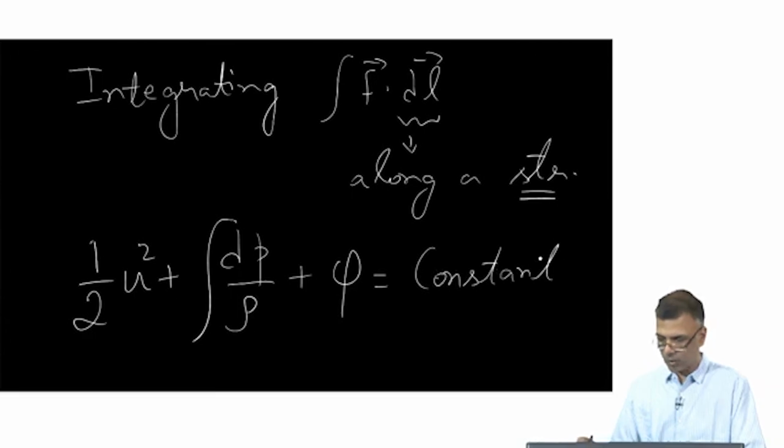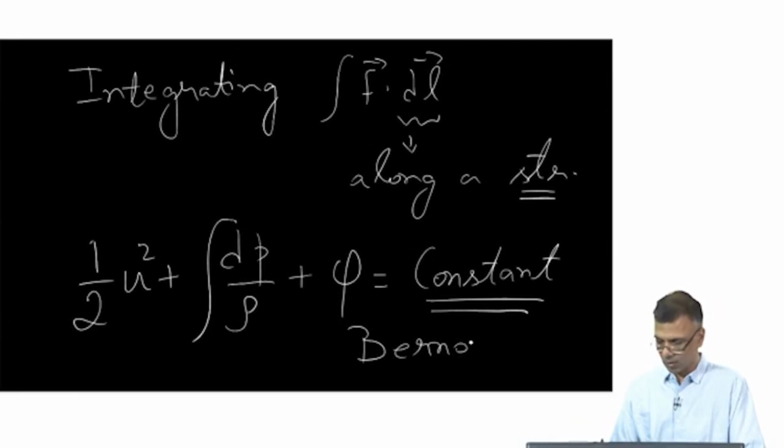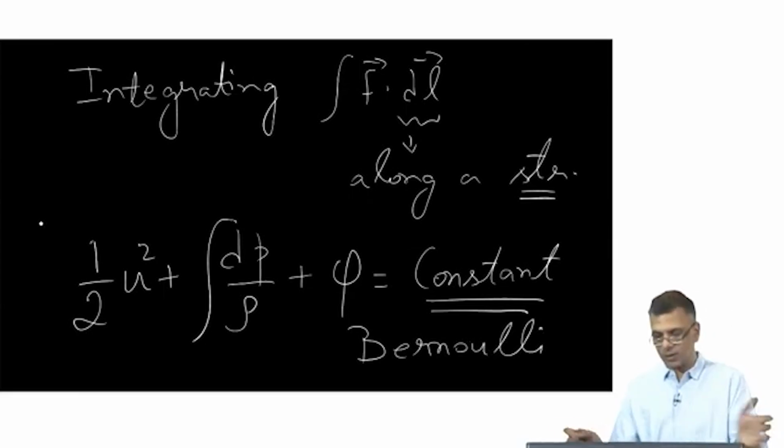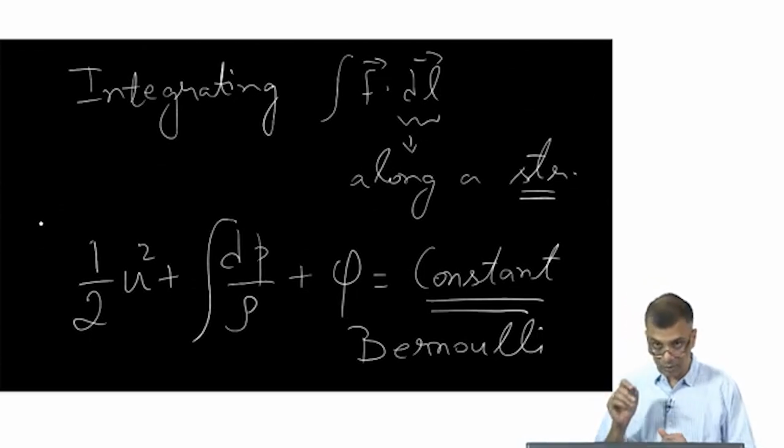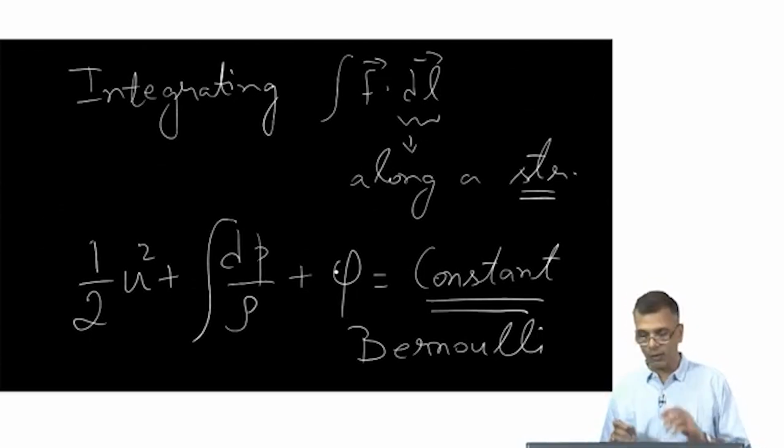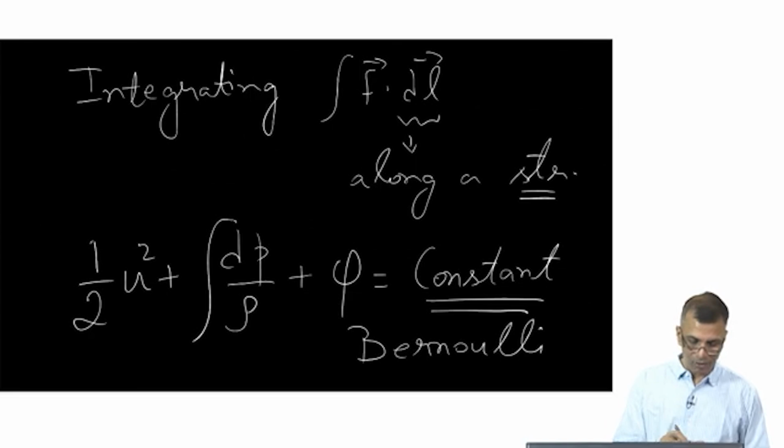We get this very important result, which is the Bernoulli constant. So this is essentially the Bernoulli constant right here. Just to remind you, the phi is not the velocity potential, it's the gravitational potential.